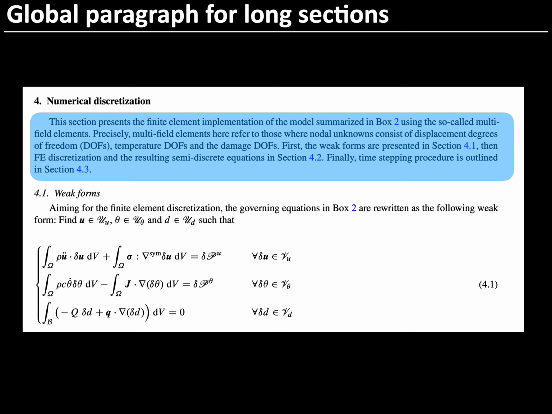So it's good to take the hands of the readers and guide them through the paper. You should have a global paragraph for a long section in which you say this is what we want to achieve, and to achieve that we do this (section 4.1), and then we do that (section 4.2). Then before reading into the technical details with a lot of data and equations, they know at least the idea.